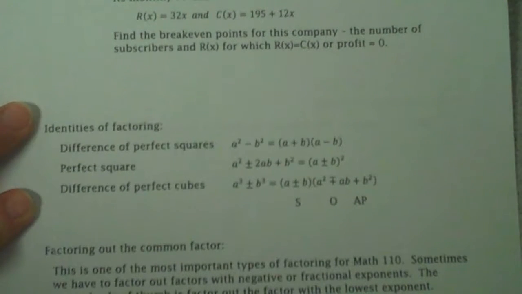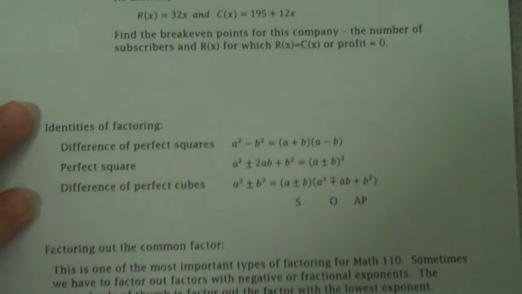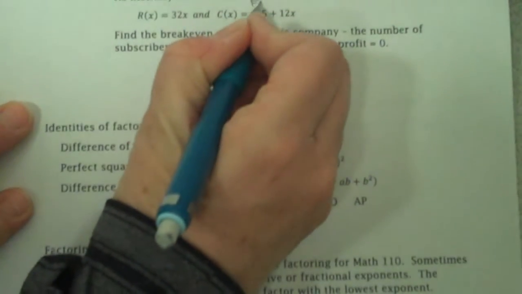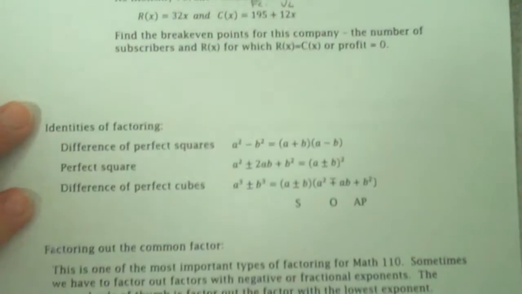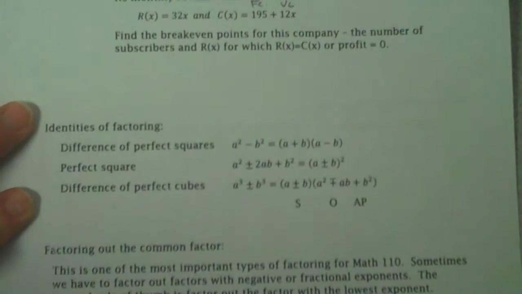And cost, there's a fixed cost involved here, $195, and a variable cost, which is $12. So our fixed cost and our variable cost are the two pieces that we have to put together here. And what fixed cost means is if I didn't even make any units, I just decided to go into business. So I went out and bought everything I needed to go into business, and then I shut the door and didn't make anything.